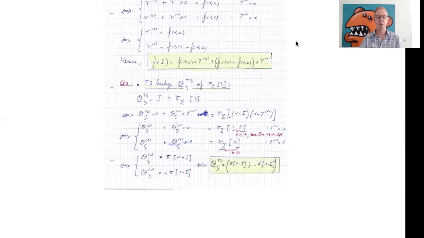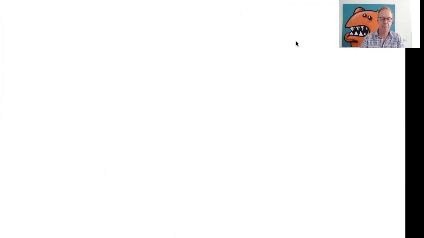So we have found that the two-step hedge of S is given by π(1 − I). That's the number of zero coupon bonds that we have to buy, and minus π(1 − I). So we have to sell π(1 − I) stocks.